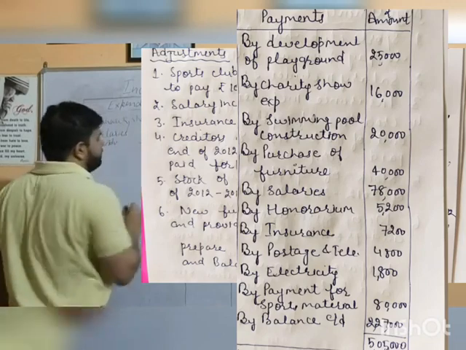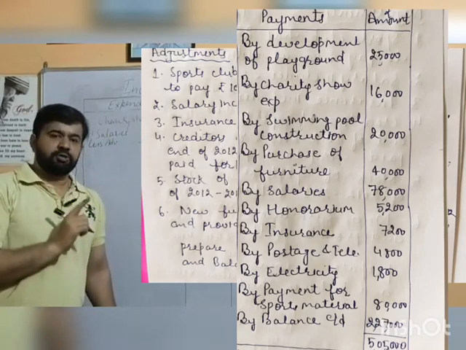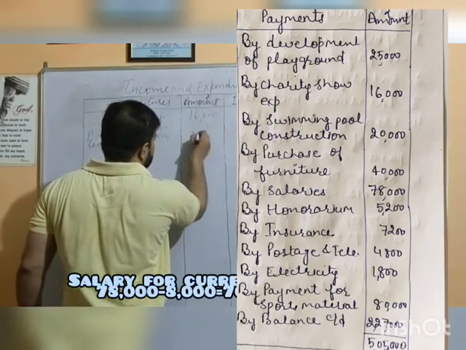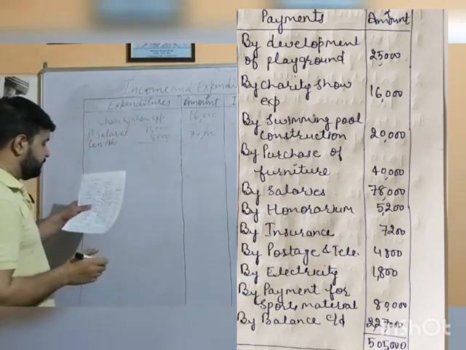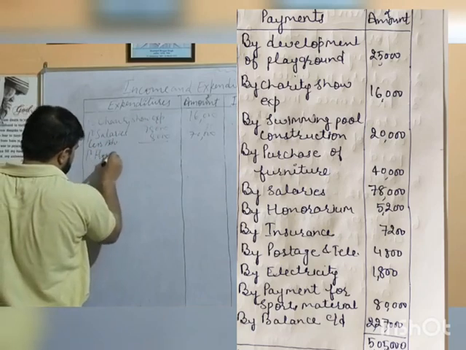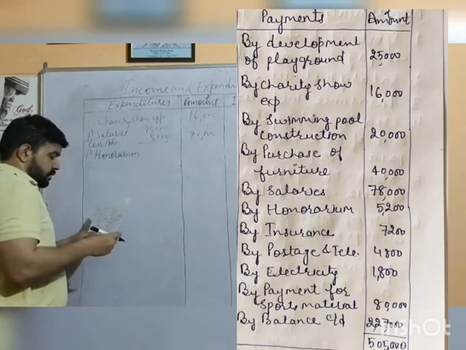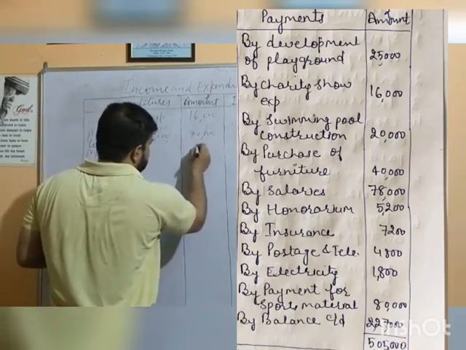So this 8,000 will be shown by us on the asset side of closing balance sheet as prepaid salary. 70,000 is related to current year. Then we are having next item, honorarium, rupees 5,200. Just 5,200.